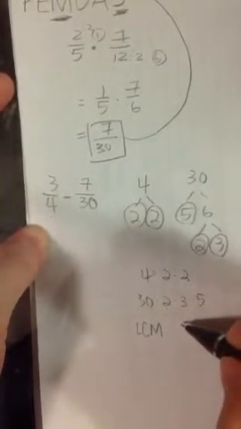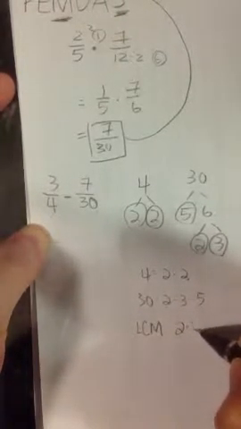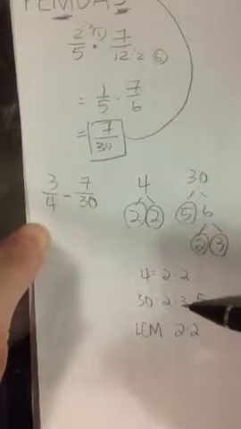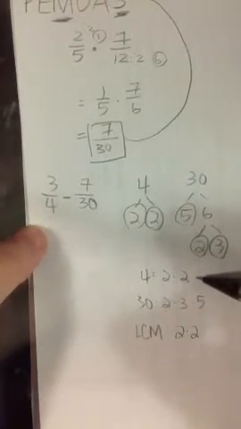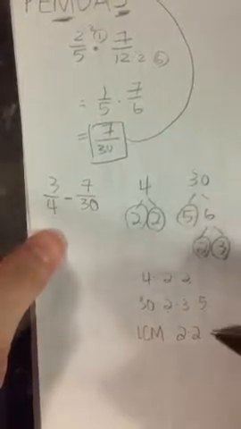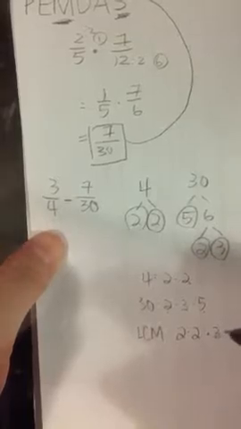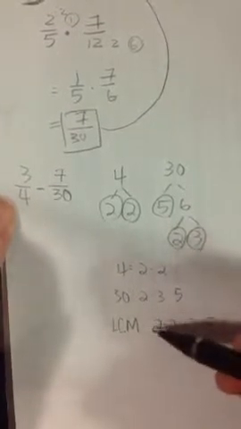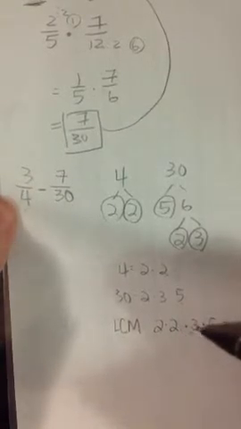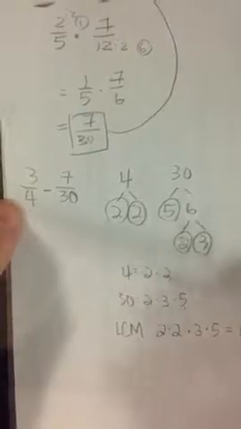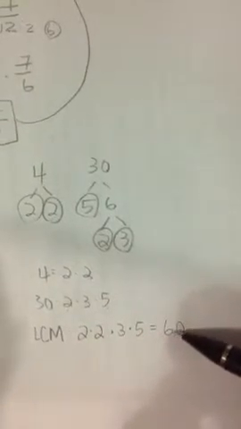So I have to use 2 twice because I'm going to use the highest frequency. 3 happened here 1 time, it didn't happen here 0 times. 5 happened here 1 time, and here 0 times. So we are only going to use 3 and 5 once. When we multiply this out, 2 times 2 is 4, 4 times 3 is 12, 12 times 5 is 60. So that will be our least common multiple.